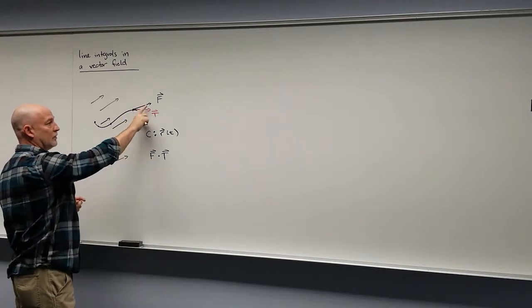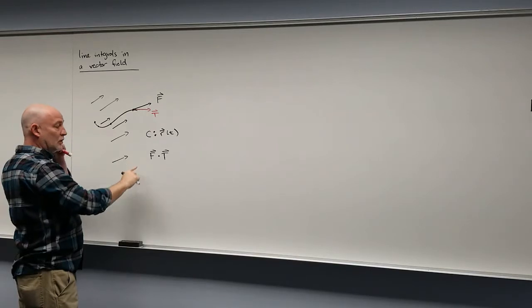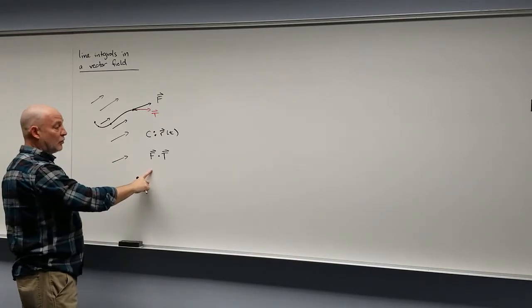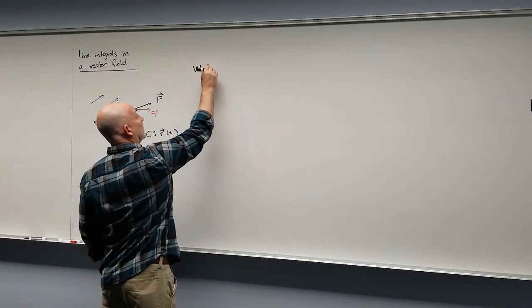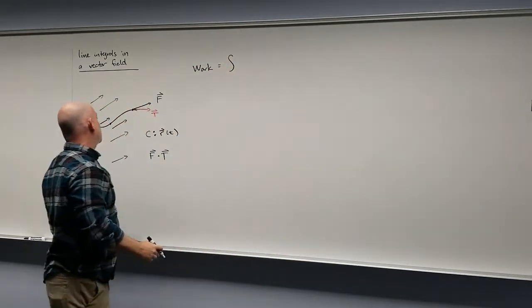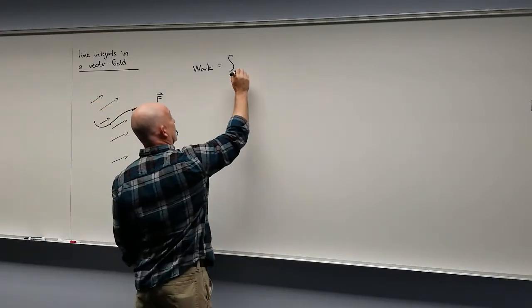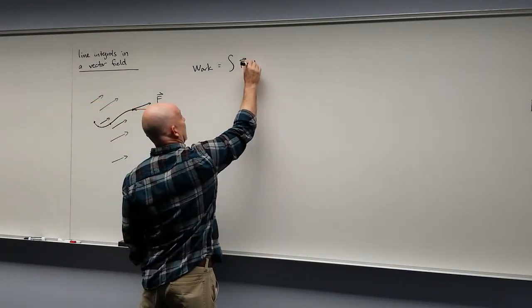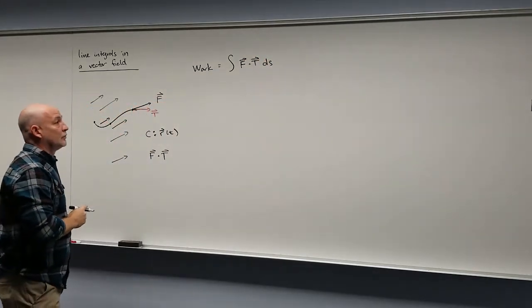Now notice we have kind of the field being a force and a distance that we're moving across the curve. So this is actually going to give us what work is. So the work to move an object along a curve in this field can be given by F dot T as we move along that entire curve.